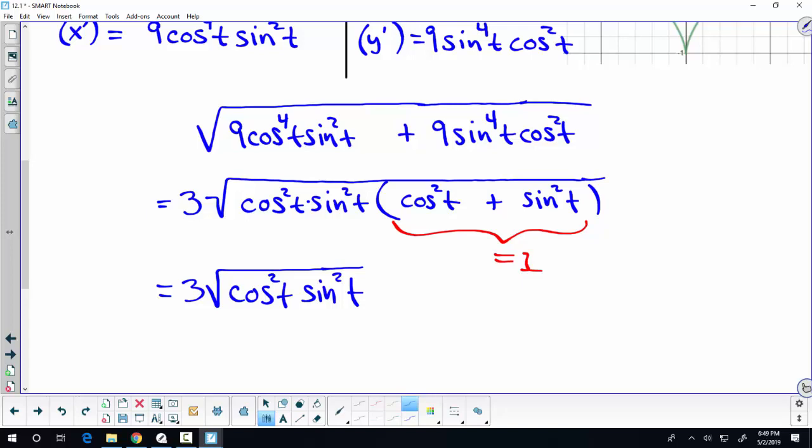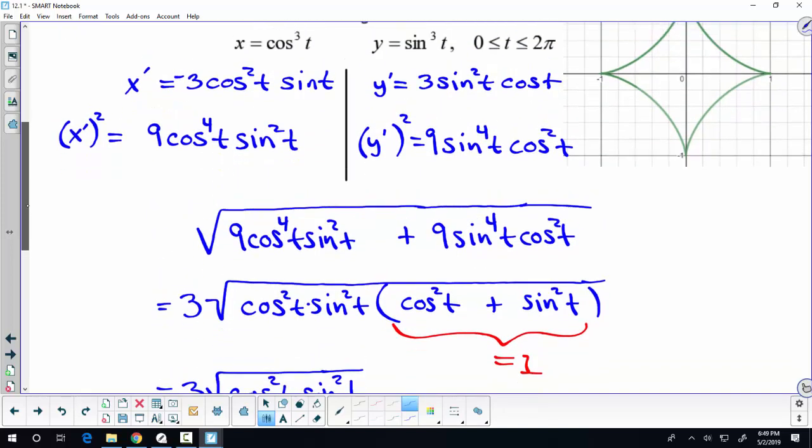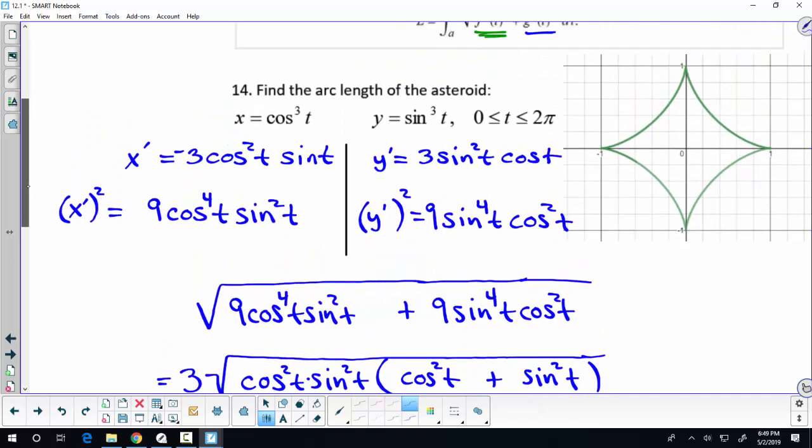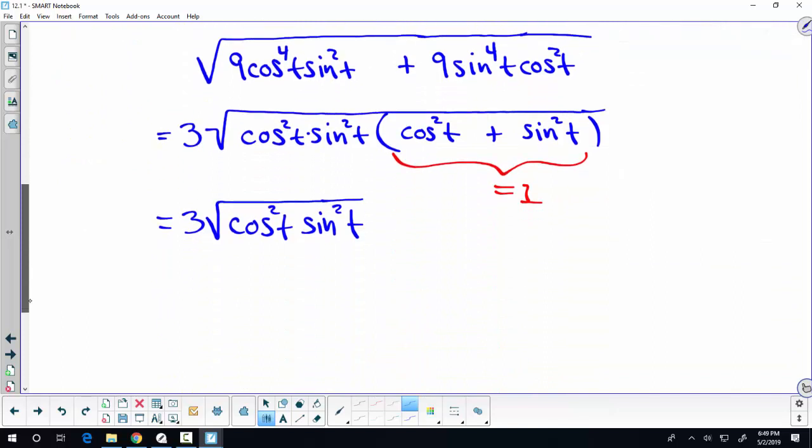Okay, yeah, so this is where we have to be careful. If we say that we're going to integrate from 0 to 2 pi, and we have the square root of a quantity squared. So let's look at this, the square root of x squared. What is that equal to? It's not x, it's not plus or minus x.